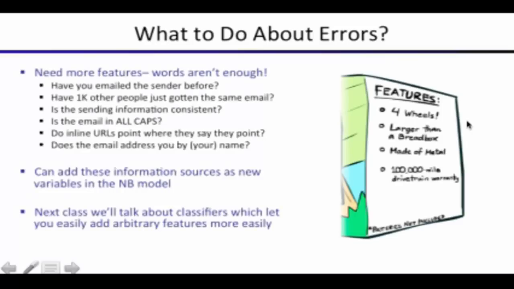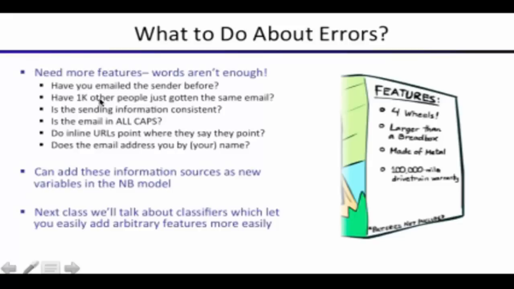So here are some examples of other kinds of features. Have you emailed the sender before? If you're someone like Google, you can tell if the same email has been sent to 1,000 other people at the same time. That's probably a spam message or a mailing list. Sometimes it says it's sent from someone, but it's actually sent from someone else, so if you could find that out.